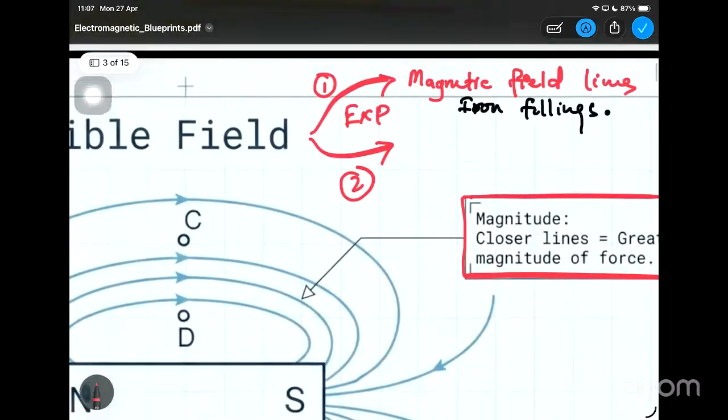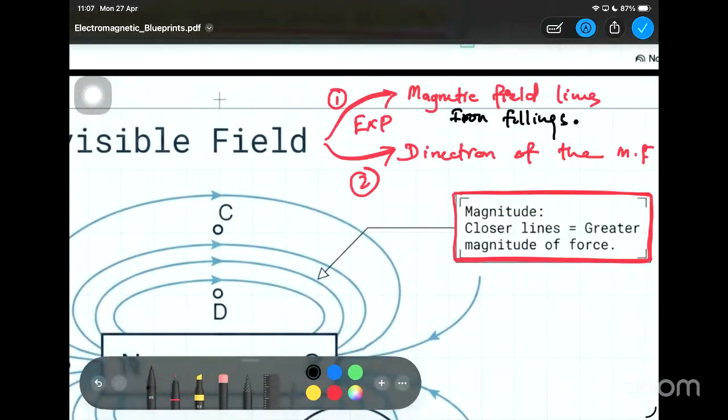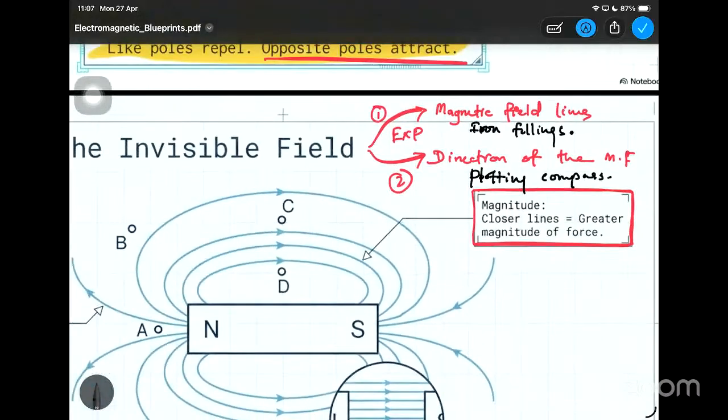And if you need to observe the direction of the magnetic fields, then you are using the plotting compasses, right? So remember those points and please go through the textbook.